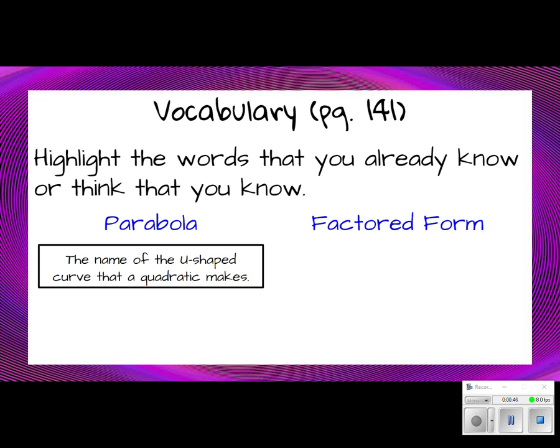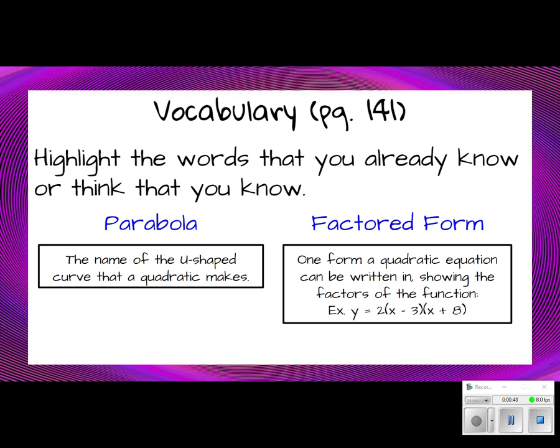And then factored form is one form a quadratic equation can be written in showing the factors of the function. There I have an example for you where it looks like somebody had factored this quadratic. This is factored form. Now we have three different forms and we will talk about them over the next 3 days. So today is factored form.